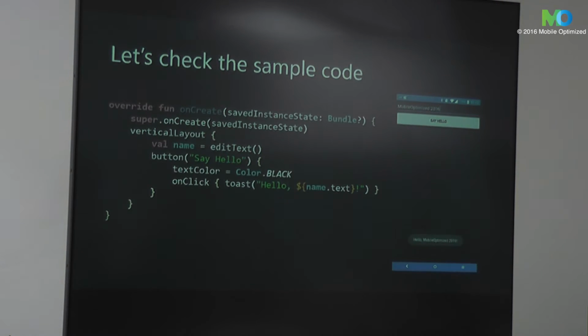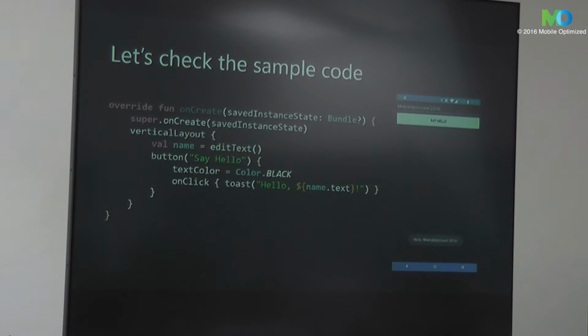Okay, so if you go to the GitHub page of Anko, you get this very simple sample code in the README file, but it gives us the idea of how it will look creating your layout from code, not from XML.